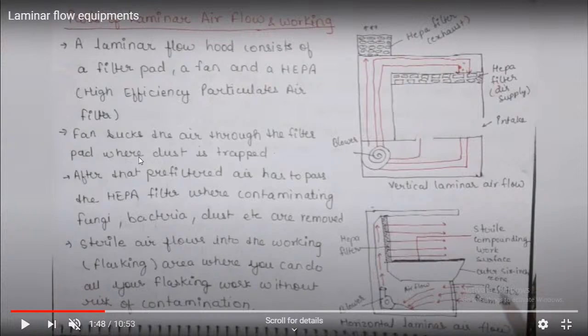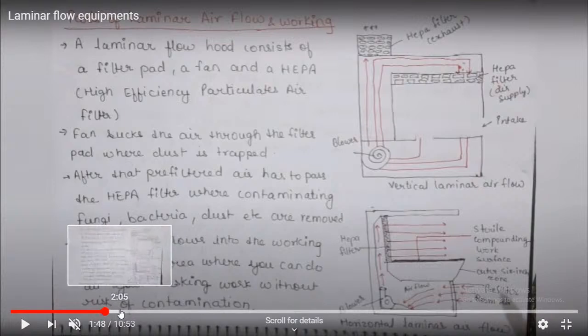So how does it work? The fan sucks the air from the surroundings and passes it through the filter pads, where the dust is trapped. After this pre-filtering, the air passes to the HEPA filter, where contaminating fungi, bacteria, and dust are removed. Then sterile air flows into the working area where you can do all your work without dust or risk of contamination.